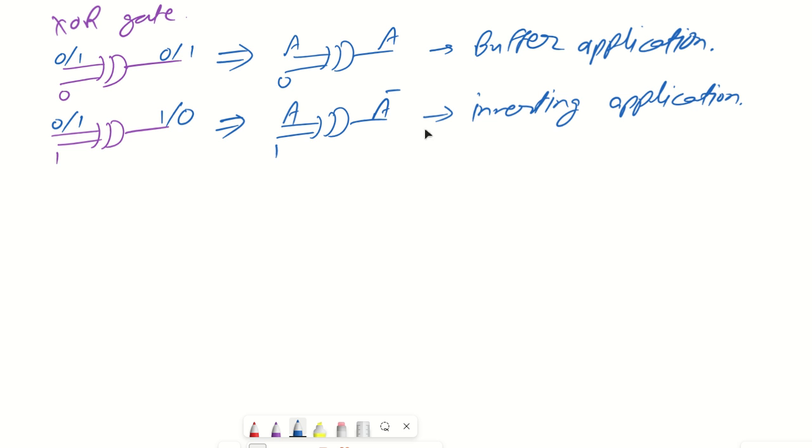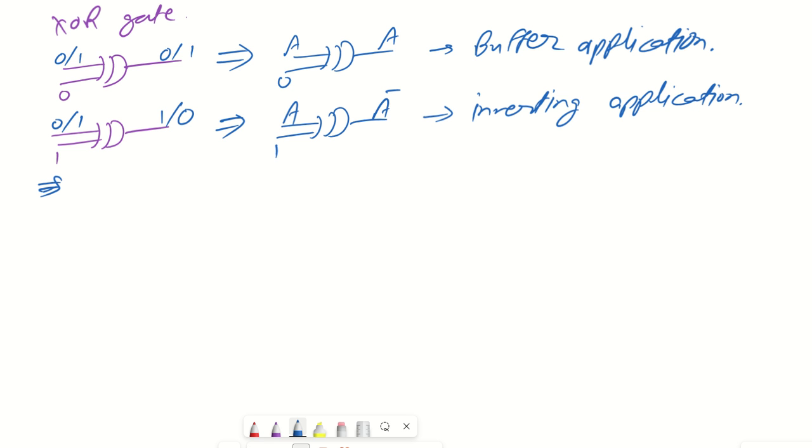It means if you want to invert the output, you can tie one of the inputs to 1 and you will get the output as the negative or opposite of the input. It means what can I write in the conclusion?